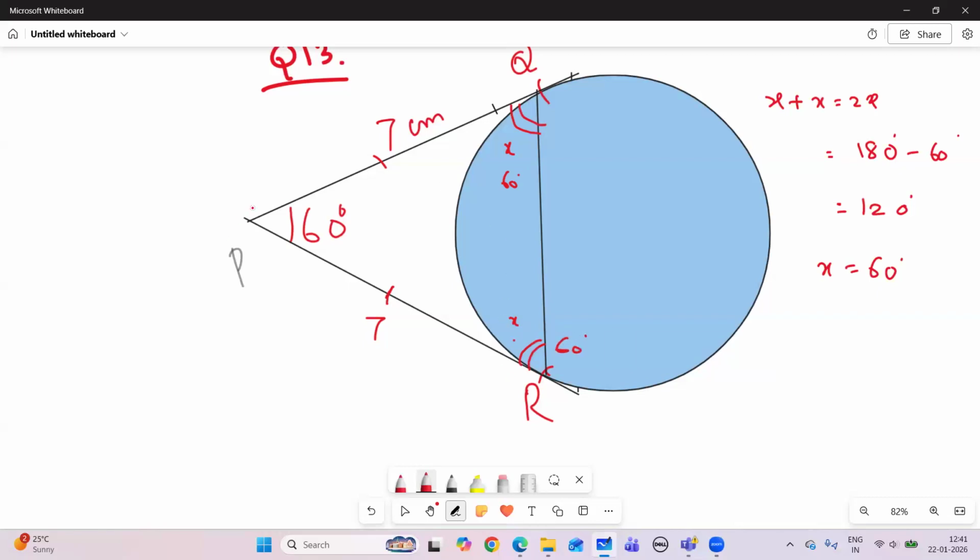Means in the triangle PQR, all the three angles are of equal measure. Therefore, the triangle PQR is equilateral. Therefore, all its three sides will be of equal length. This being 7 centimeters, this also becomes 7 centimeters. Means QR, the chord QR, is of length 7 centimeters.